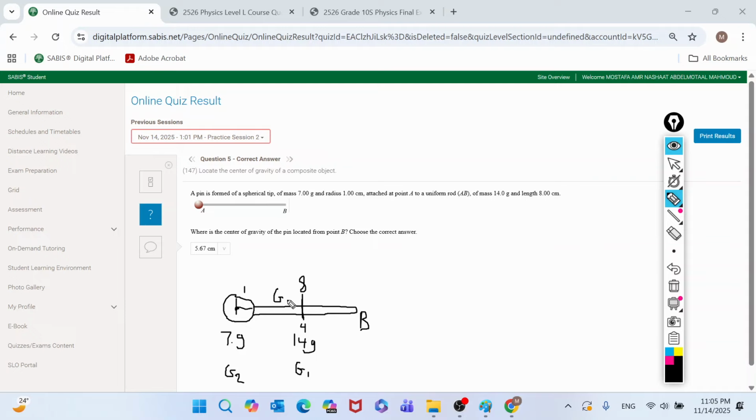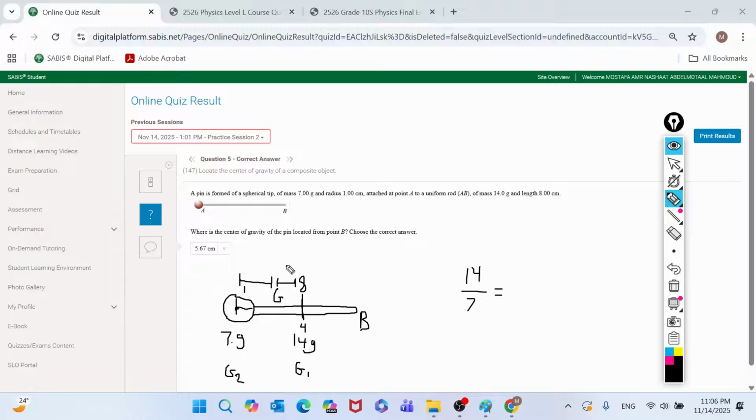Okay guys, we know the formula to find the center of gravity: m1 over m2. So the mass of this, 14, over 7 is going to equal GG2, so this distance, over GG1, so this distance.